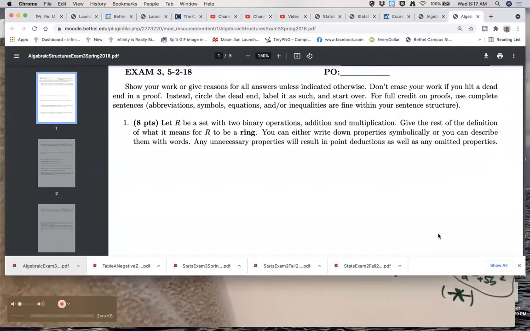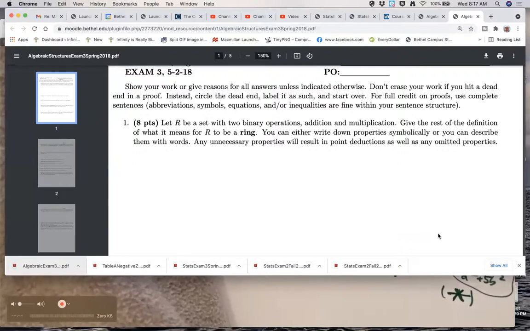Definition of a ring here. You can either write down the properties symbolically or you can describe them with words. You want to get it right, so don't add any unnecessary properties. In particular, in the definition of a ring, there's no assumption that there's a unity.